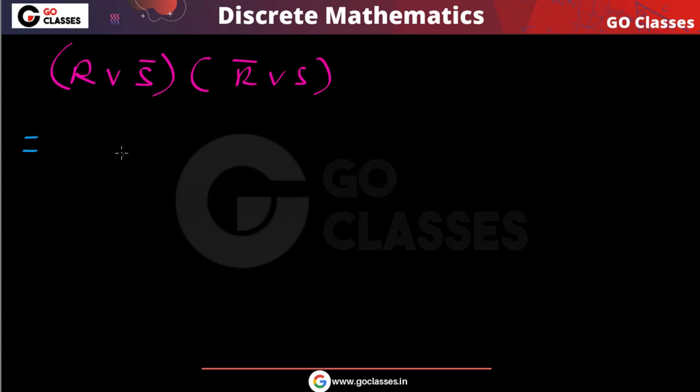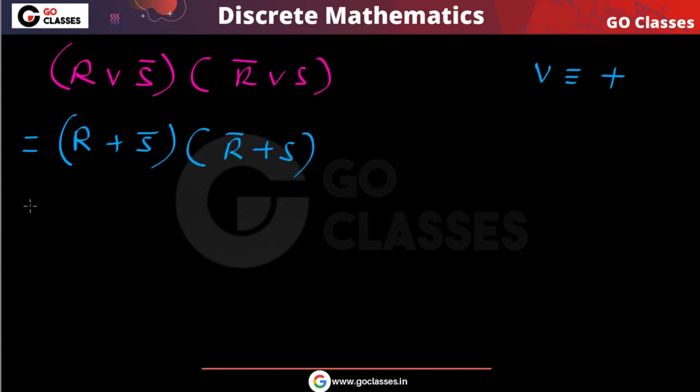We can apply the distributive property. It is easy if we write it like this, because you can use this symbol for disjunction, or we can use this other symbol for disjunction. Both are correct symbols for disjunction.